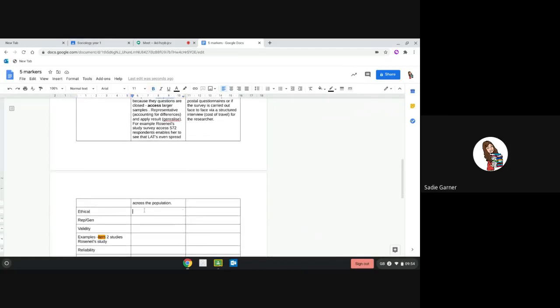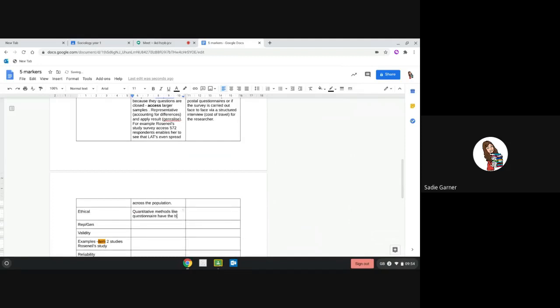Ethical. Well, quantitative methods, I need to keep focusing on the fact that it's quantitative in my question. Quantitative methods, like questionnaires, have the benefit of gaining informed consent quickly and freely.